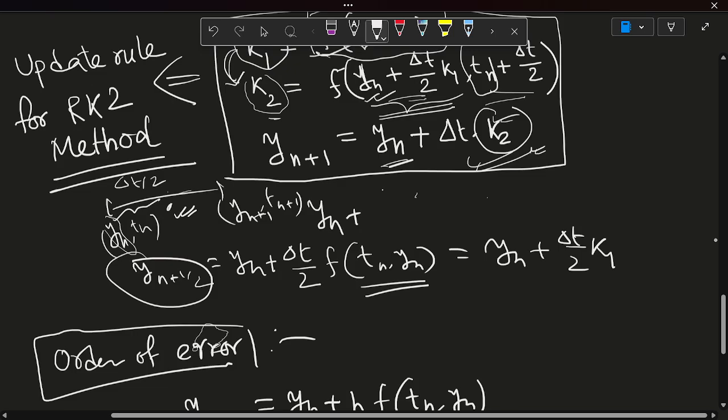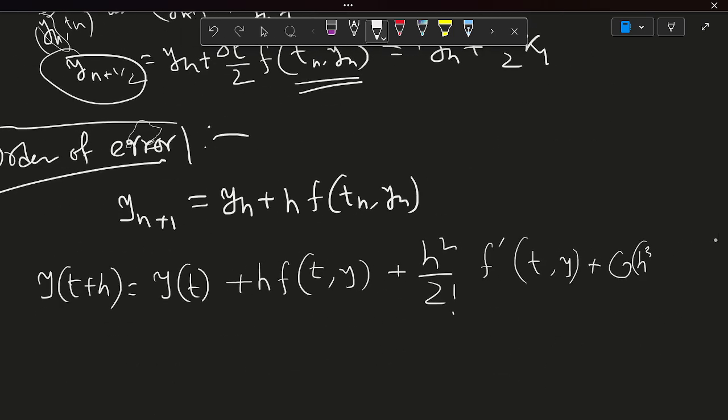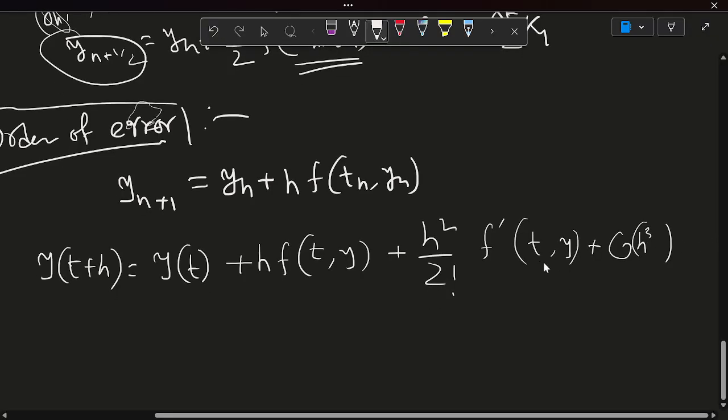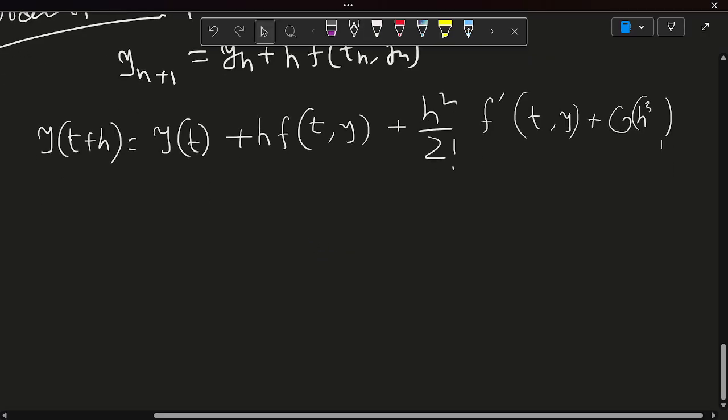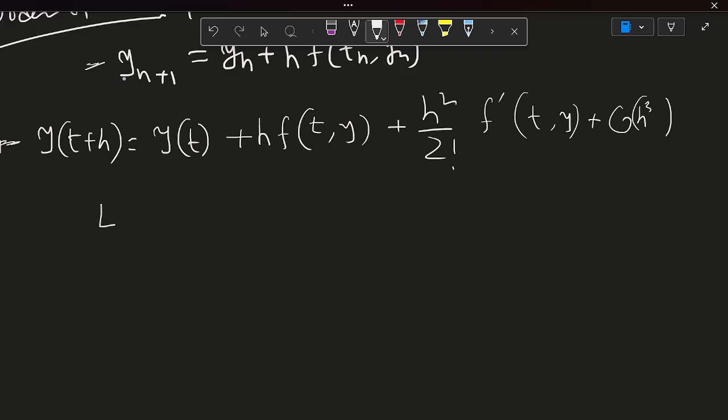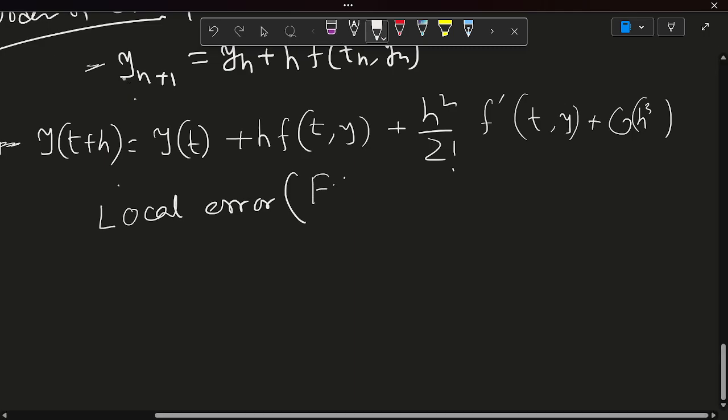After that you will have the h cube term, with the second derivative of f and 3 factorial, and so on. So this is the Euler solution, and this is the exact solution which you are getting from Taylor series expansion. So what is the order of error? In each step, the order of error is called the local error. So local error is the order of error, or we can call it the error in each time step.